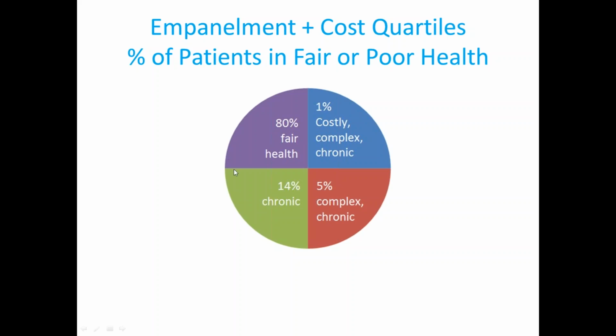The next 14% of patients are in poor health and have chronic medical and behavioral health diagnoses managed by bidirectional exchange of information and community-based care. The remaining 80% of patients have fair health because of the impact of social determinants of health, including poverty, and are managed in the whole child, family-centered medical home.